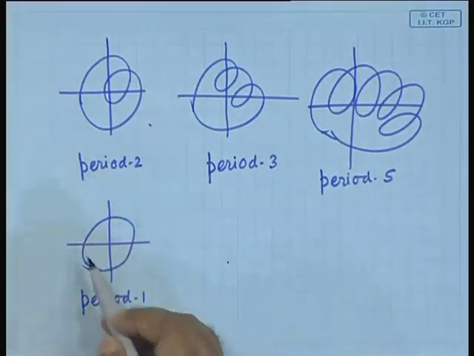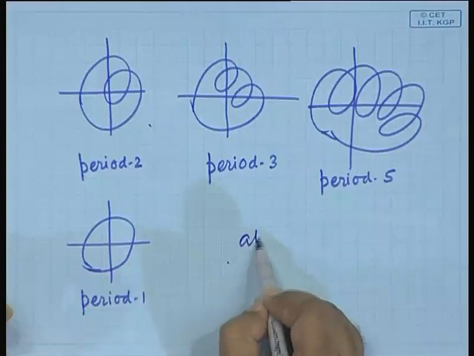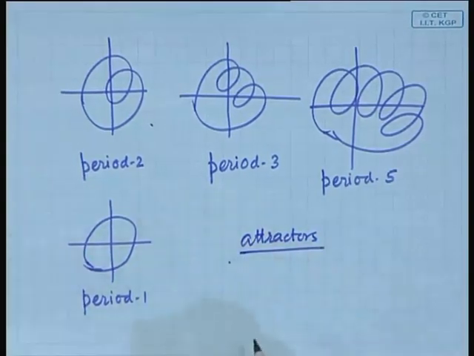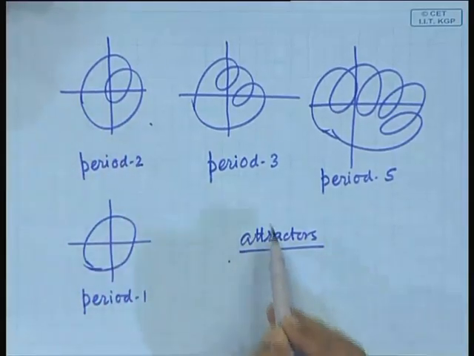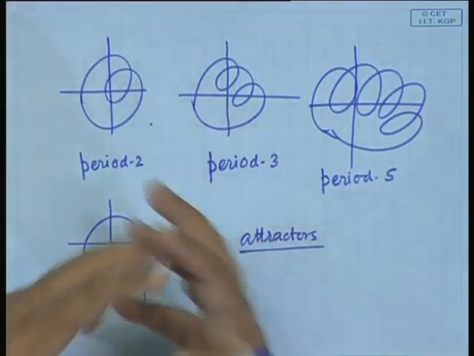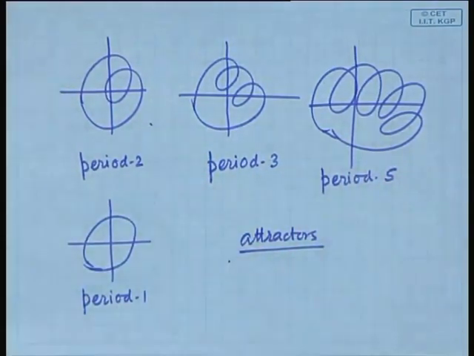So, these are also called attractors. You would see in books reference to period 1 attractor, period 2 attractor, period 3 attractor, period 5 attractor, which means that these are attracting in the state space.